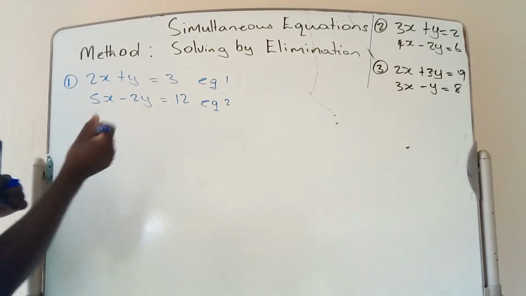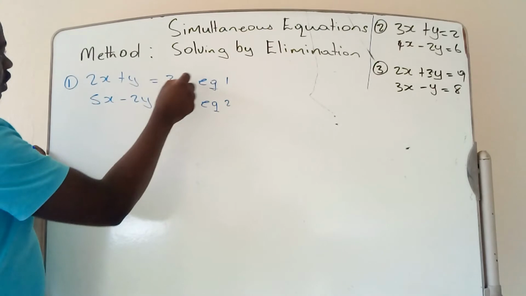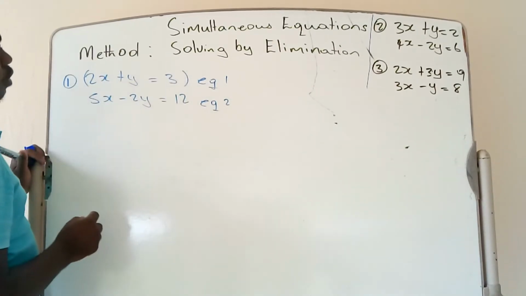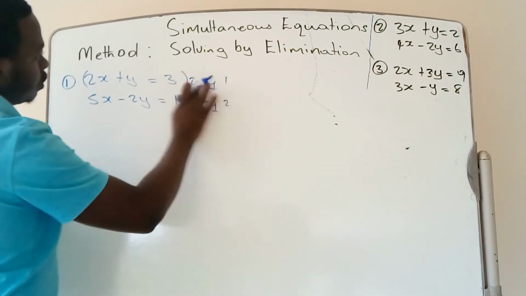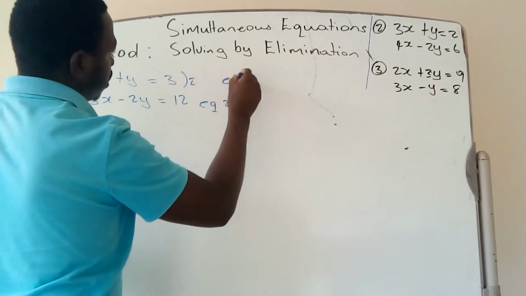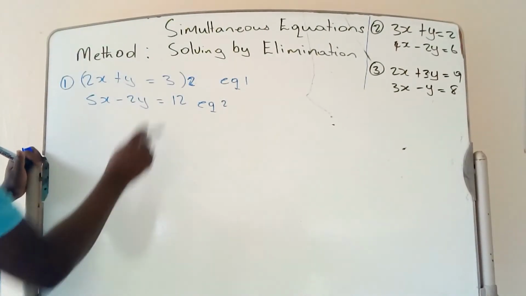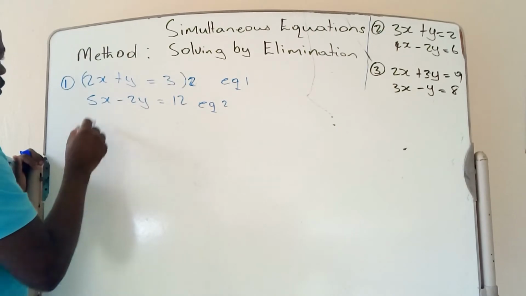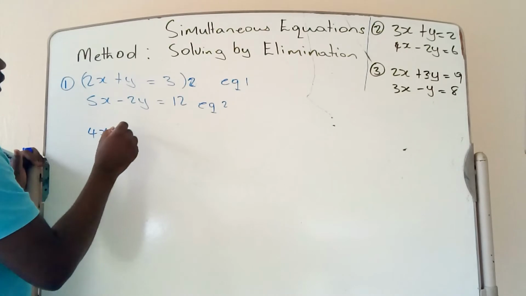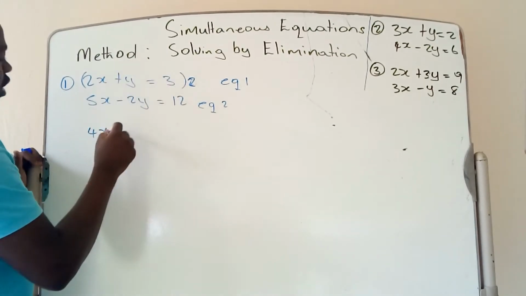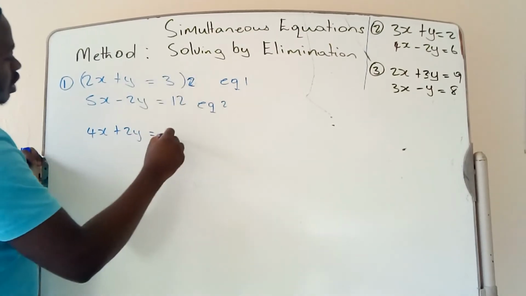So you can take equation 1, which is this one, and multiply all of this equation by 2. Let's put equation 1 out here. 2 times 2x gives me 4x, 2 times positive y gives me plus 2y, equal 2 times 3 equals 6.